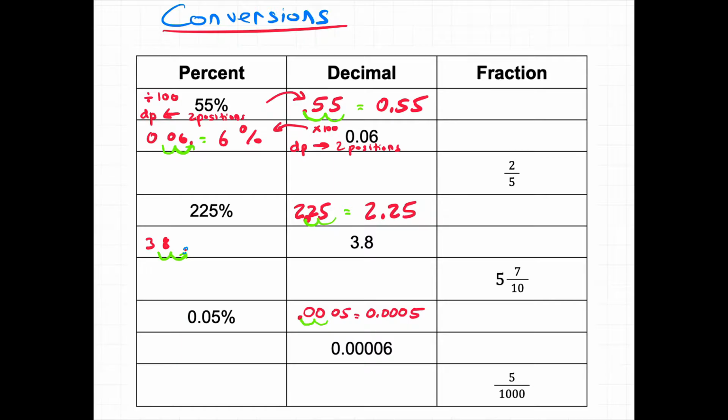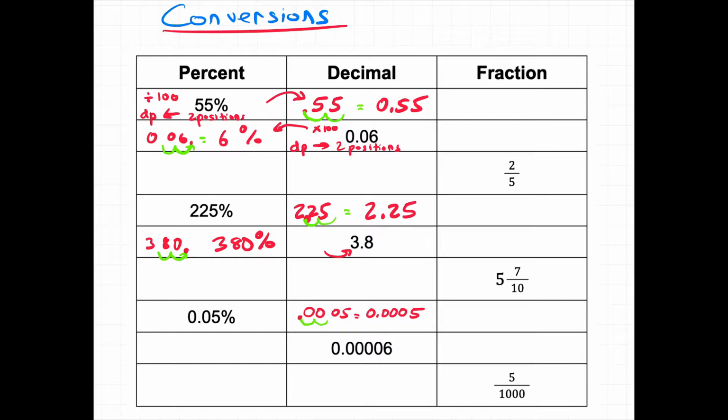So our decimal ends up right there, but I've got that empty space before the decimal. And what am I going to do? Just fill that in. So we have 380%. And notice that if there's ever a decimal that has a non-zero digit in front of that decimal, the percent is going to be greater than 100.